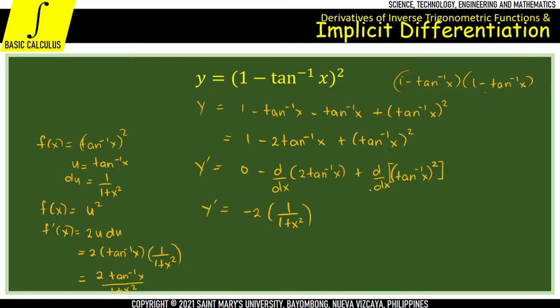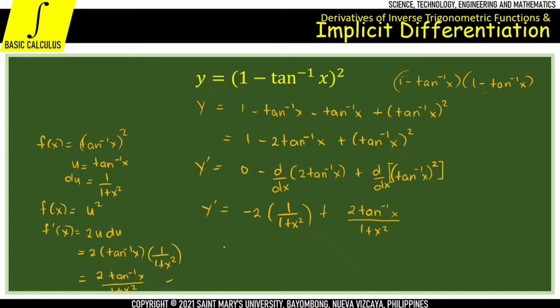So we can now add, the derivative of this whole expression is, we have 2 inverse tangent of x all over 1 plus x squared.